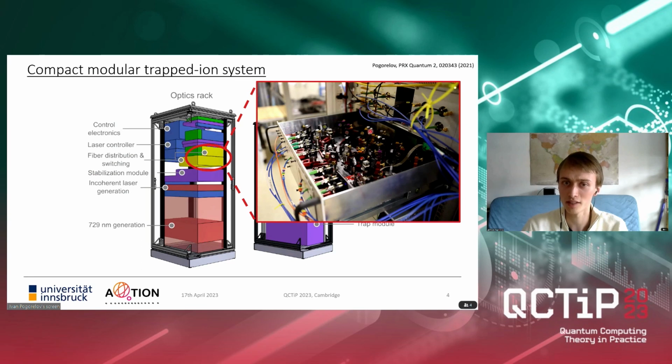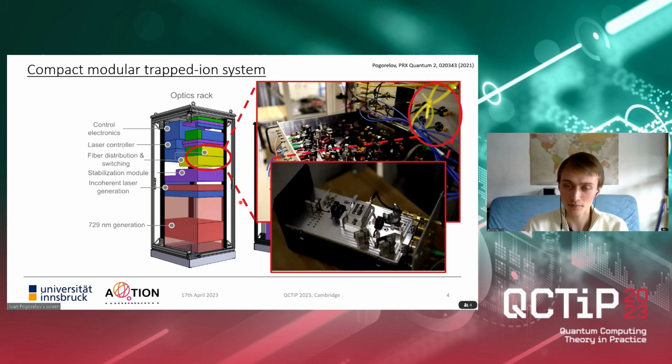All the optics here is packed into this drawer, which is a 19-inch rack compatible breadboard, and allows us to really shrink the size of the setup. You can also see some cassette plug-in modules. They're sitting right here, and we can pull them out separately without disturbing the rest of the setup in case we want to do some realignment or adjustments or replace a unit, something like this.